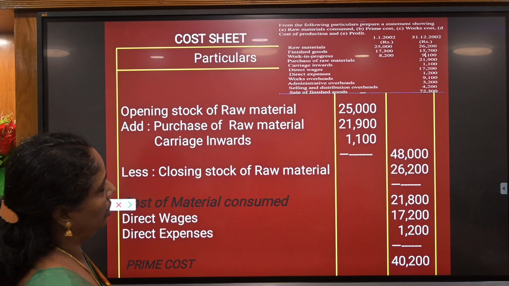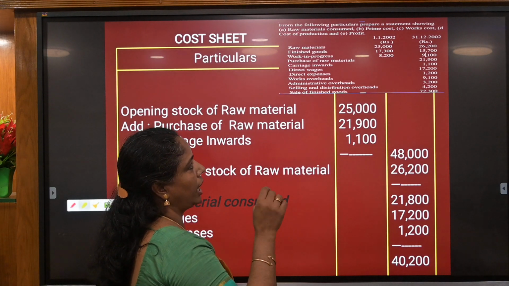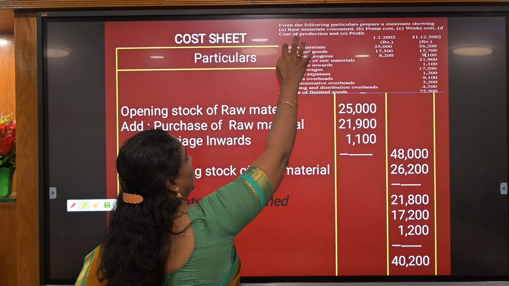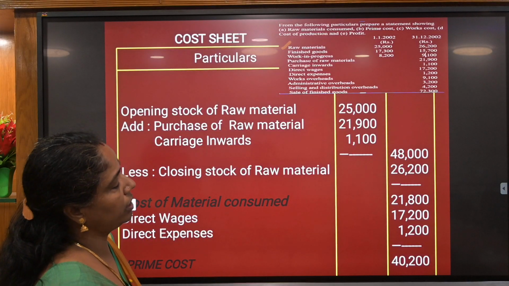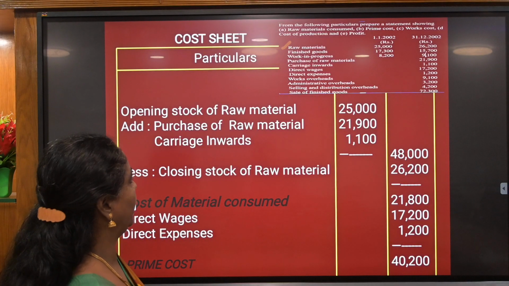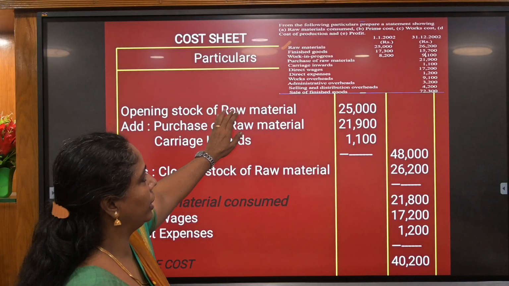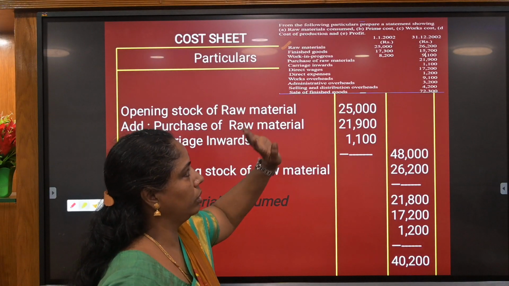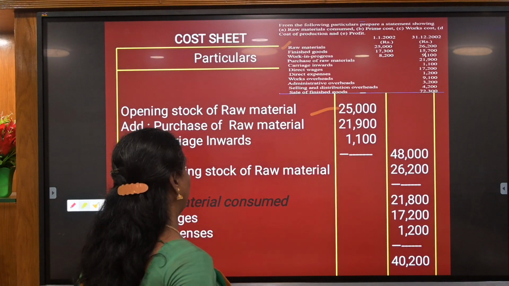First thing we have to start this problem with raw materials. Here raw materials is opening stock of raw materials, which is 25,000.